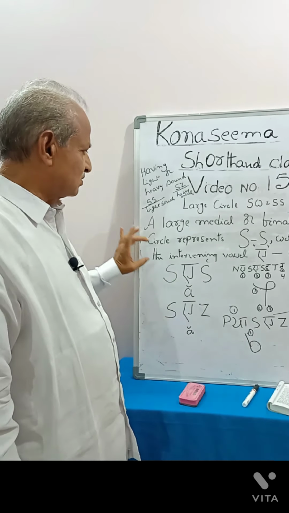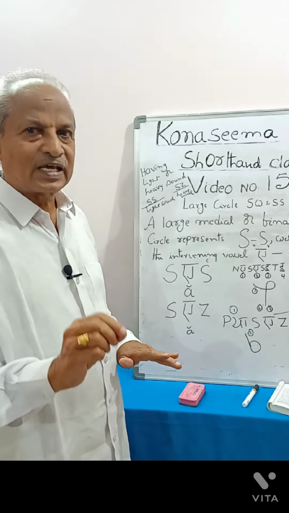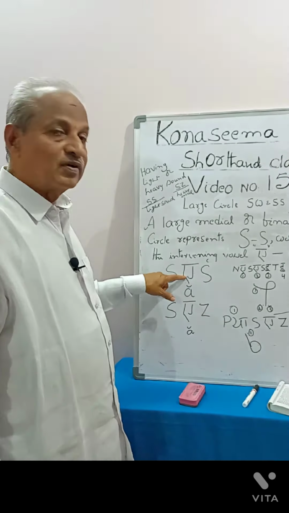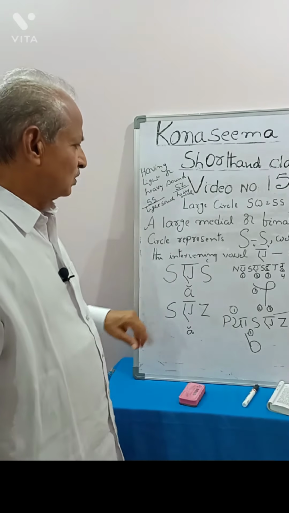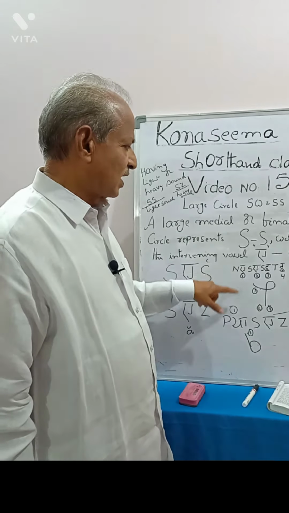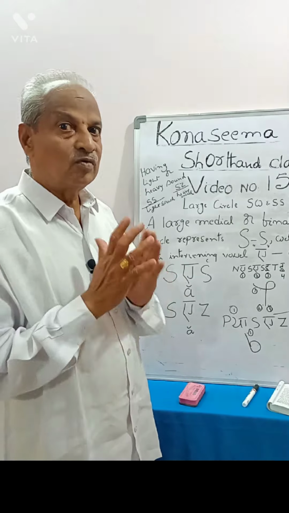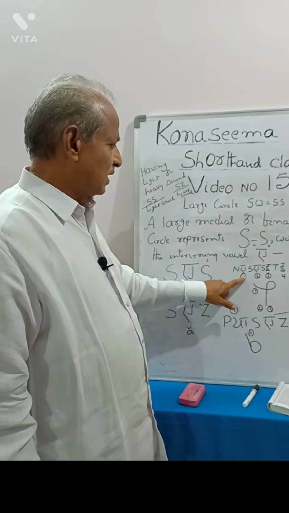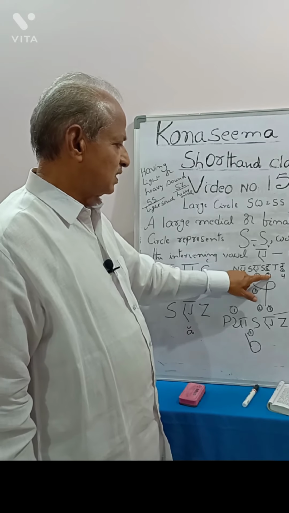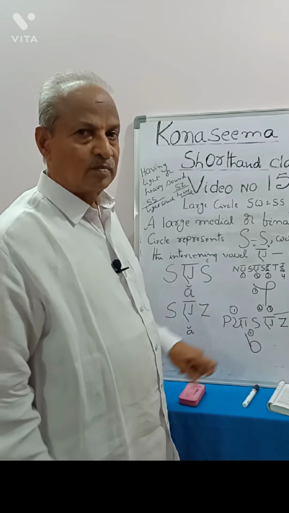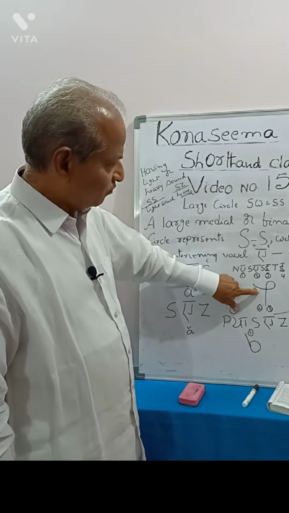Why is he telling this? Because there is no necessity to put a vowel sign for this sound of A while writing the outlines. For example, here necessity is there. Necessity, NECESSITY. There, how many vowels will come? A, second A, third E, fourth E. But while writing the outline, we will write the vowels only 1, 2, 3.